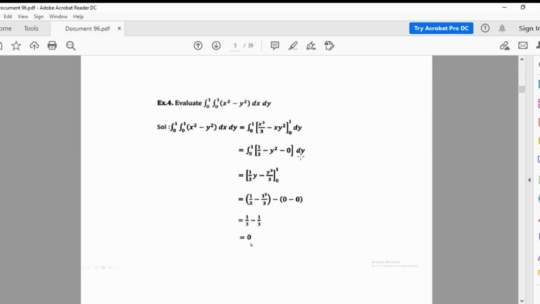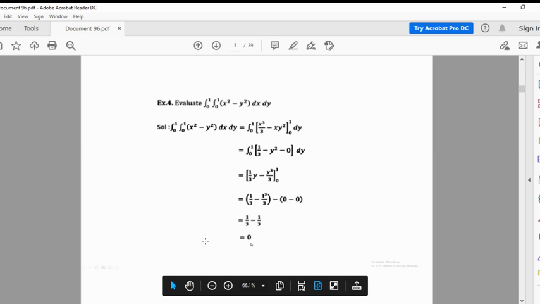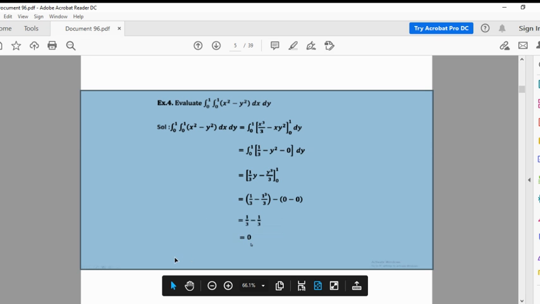Now we have to solve this integration with respect to y. 1 by 3 is a constant, so its integration is 1 by 3 into y, minus the integration of y square, which is y cube by 3. Again the limit is 0 to 1. So put the first limit y is equal to 1, and we get 1 by 3 and again 1 by 3. So 1 by 3 minus 1 by 3, we get 0.